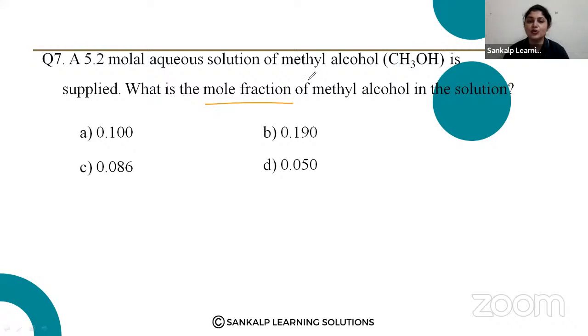You know how to find the mole fraction. For component A, it is the number of moles of component A upon the total number of moles of A and B. If you want to find the mole fraction for B, then it is the number of moles of B upon the total number of moles of A and B. Now, this 5.2 molar is for methyl alcohol.